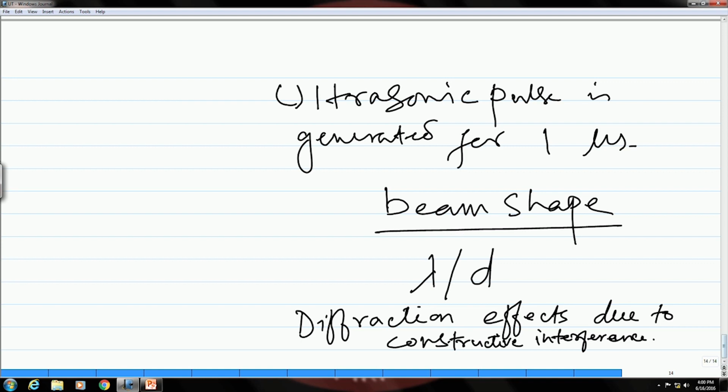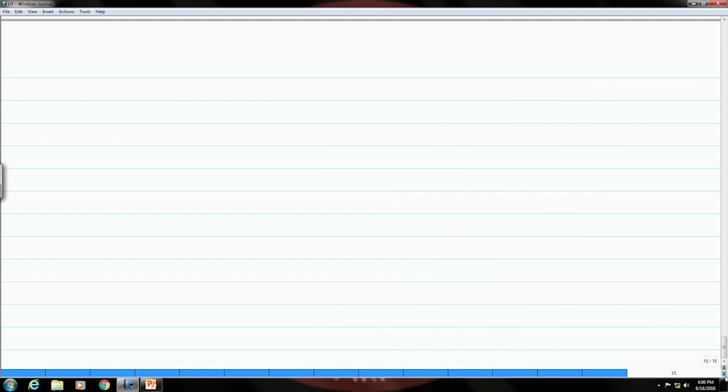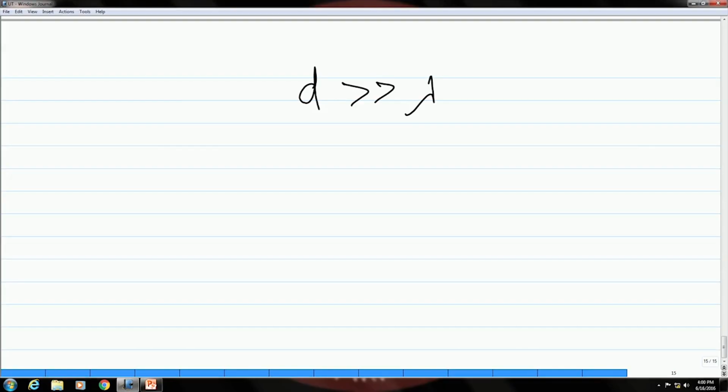And then we saw that finally, when d is much larger than lambda, which is actually the case in real scenarios when we use this transducer to do NDT, the beam takes a shape like this, radiating out like a searchlight.